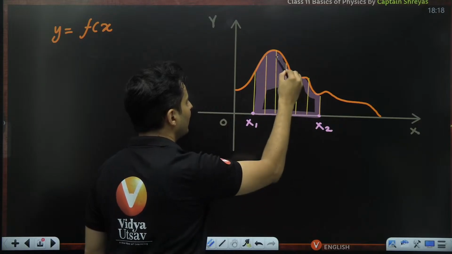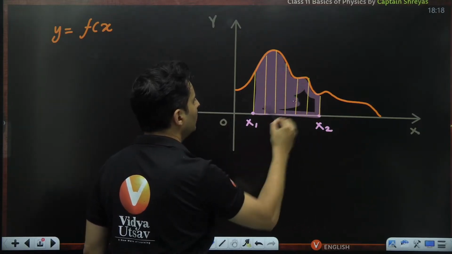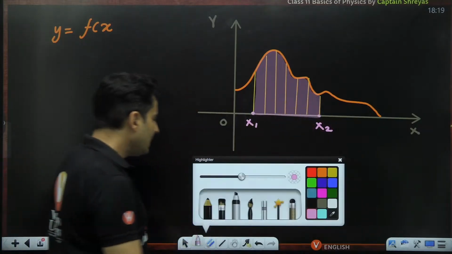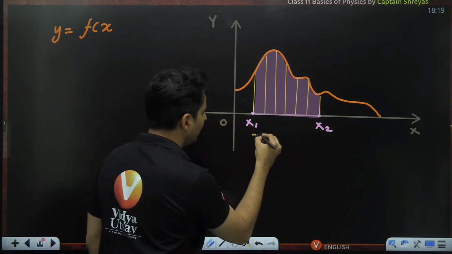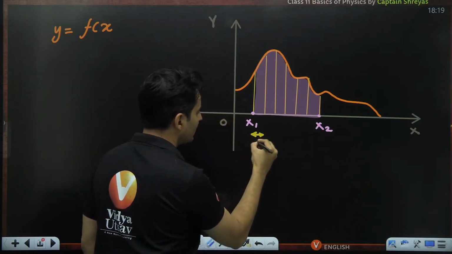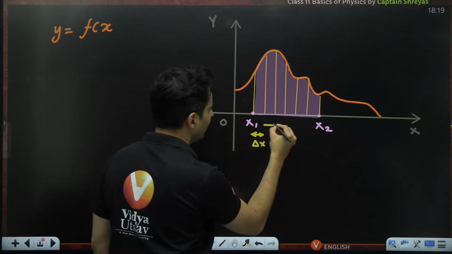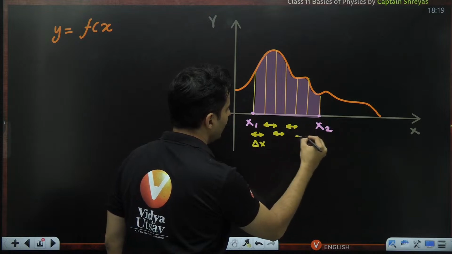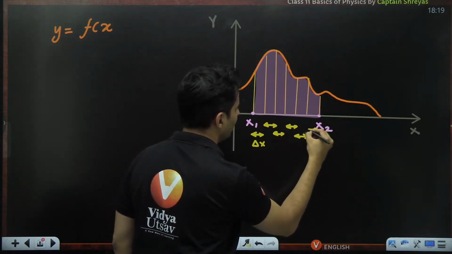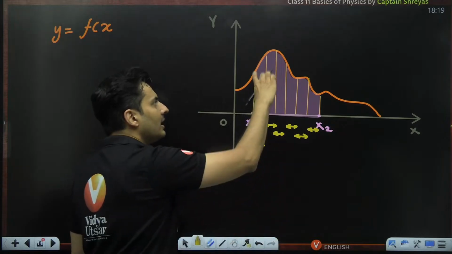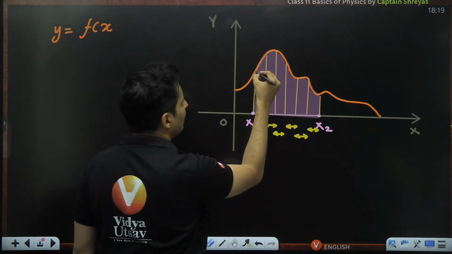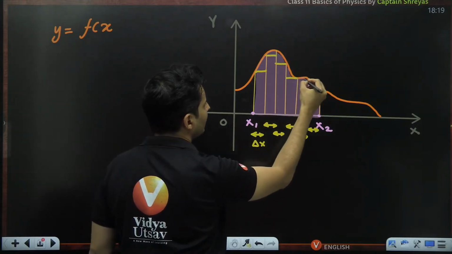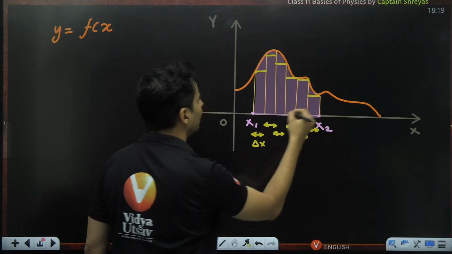So I have drawn some vertical lines, and I will say each vertical line is separated by a small distance of delta x, like this. For each of these rectangles, this is the height, this is the height, and so on.